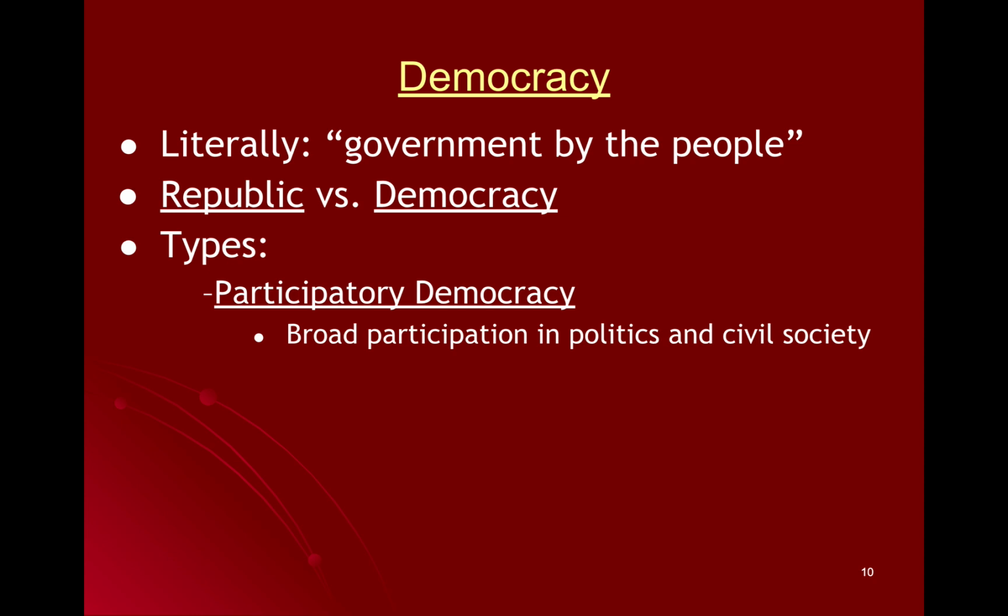The second type of democracy we're going to talk about is called a pluralist democracy. Plural means you have a whole bunch of small groups who are vying for power. So sometimes one particular voter can't make a lot of difference on their own, but if you are to band together with like-minded people, your numbers start to grow.